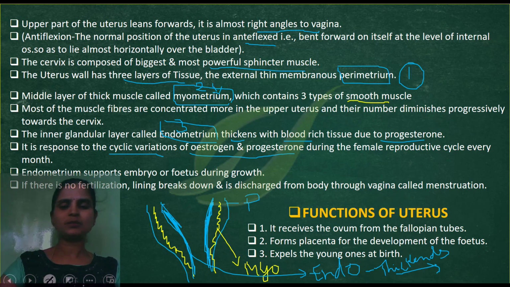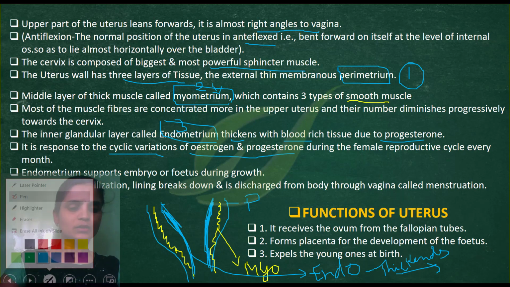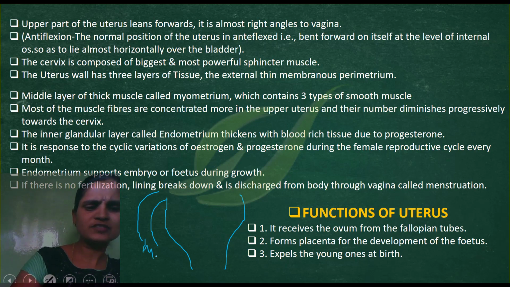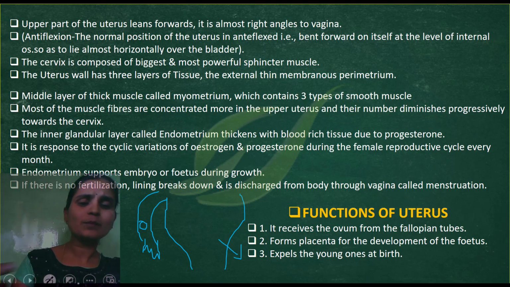Please remember, the uterus here and the fallopian tube. I'll draw a rough sketch. As the ovum enters the fallopian tube, the uterus will think that fertilization may occur.